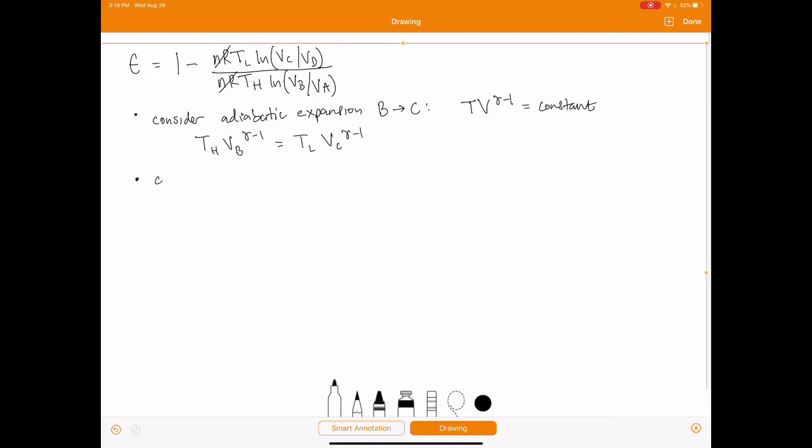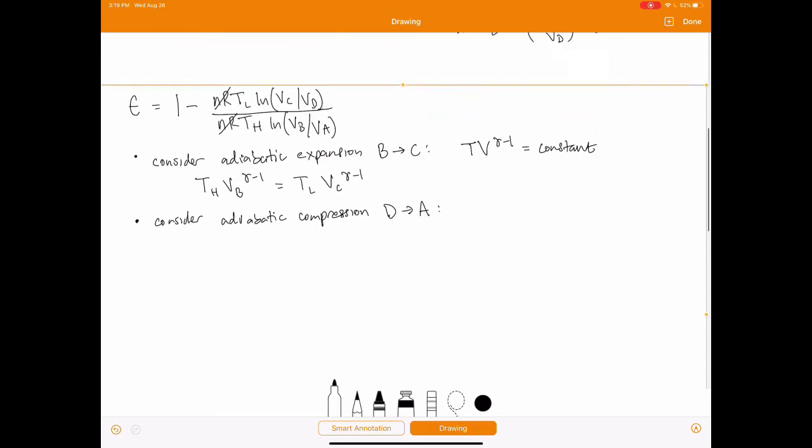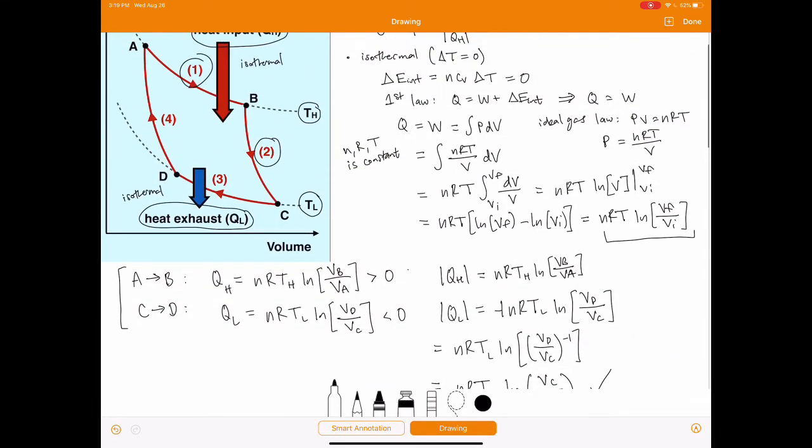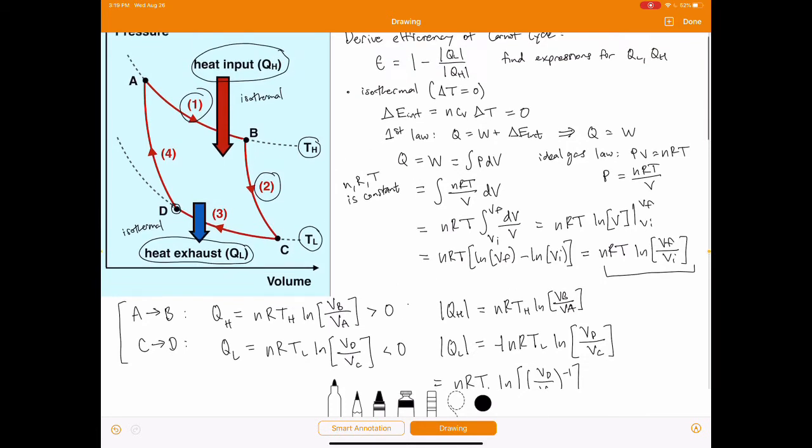Now we'll consider the adiabatic compression. And that's the process that takes us from D to A. And again, we'll use that same relationship. So at point D, down here on the diagram, my temperature is TL.